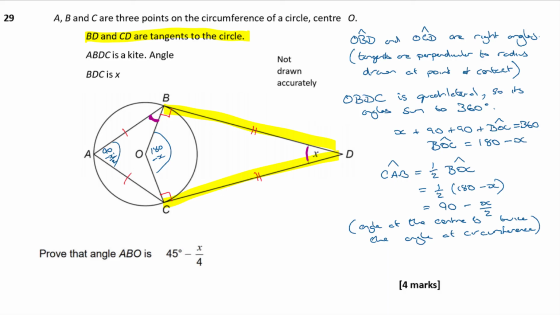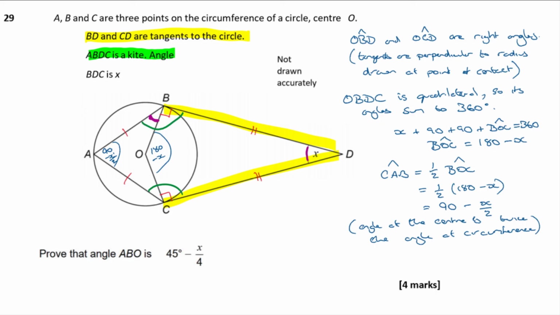So then how can I find that one over there? Well, I suppose it's got to do with the fact that ABDC is a kite, because that means that that angle and that angle are equal to each other, and we can use the fact that the angles inside the kite add up to 360 to take away the two ends and then divide it out between those two angles, can't I?